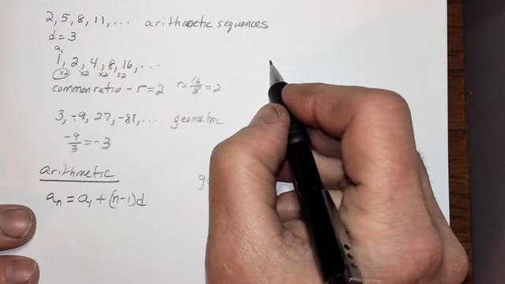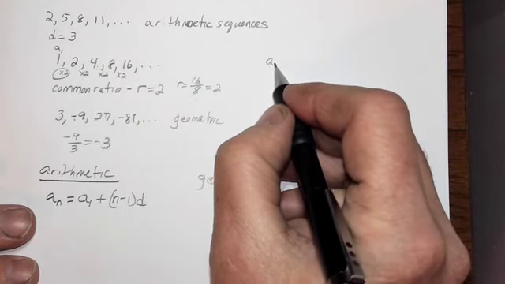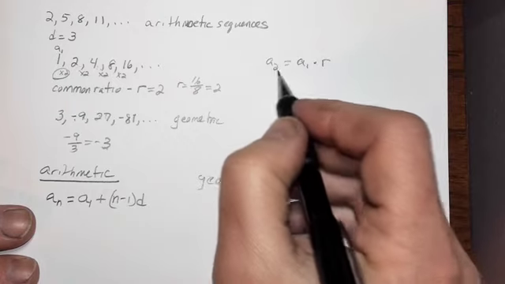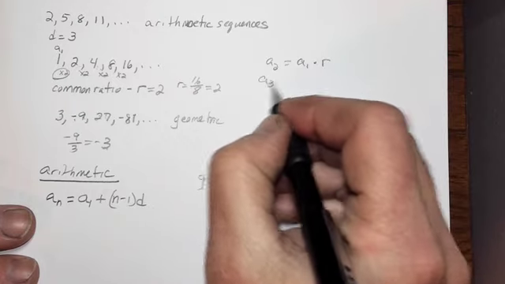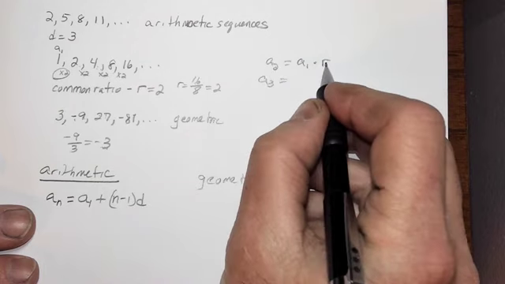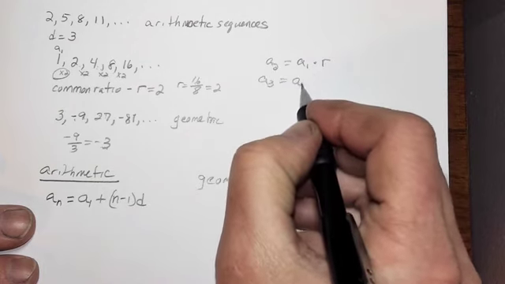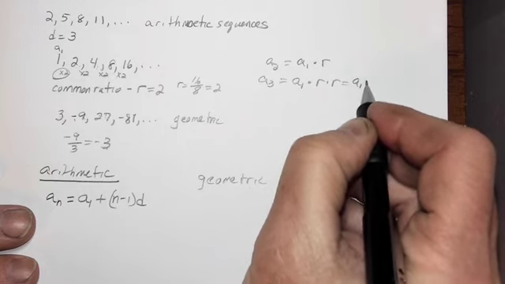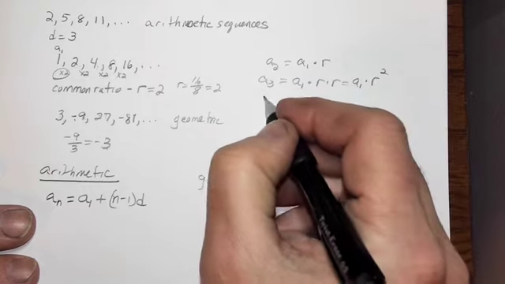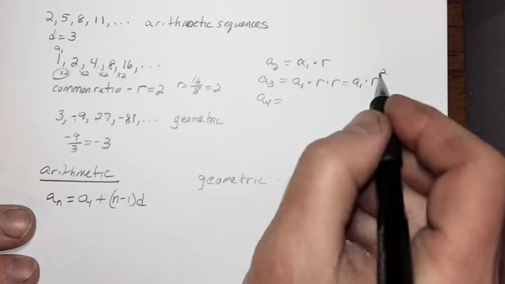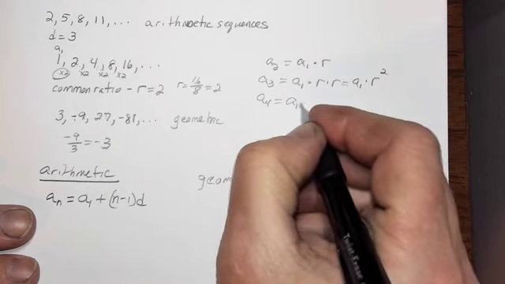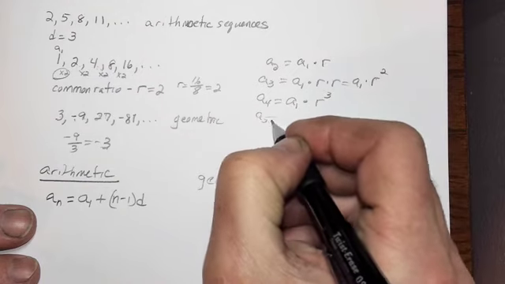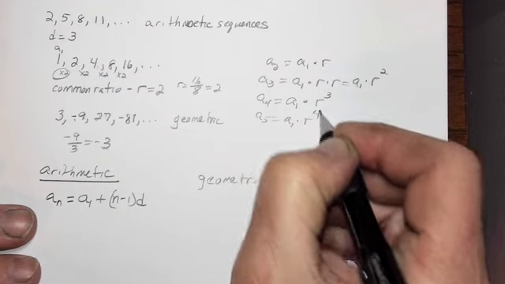If we start out and think about it, a2 is going to be a1 times r, whatever the common ratio is. a3 is going to be that one times r again, so it's a1 times r squared. a4 is going to multiply that by r again, so it's going to be a1 times r cubed. a5 would be a1 times r to the fourth.